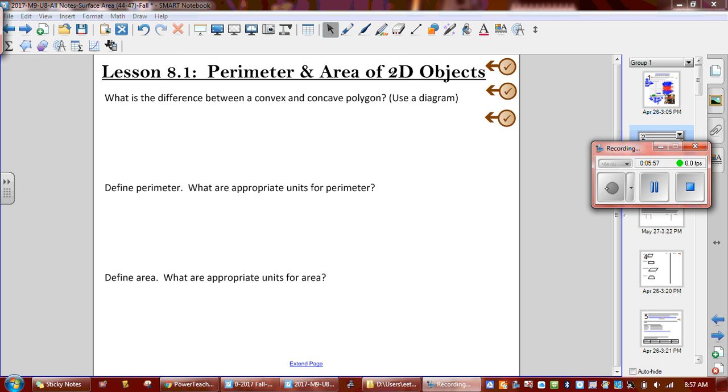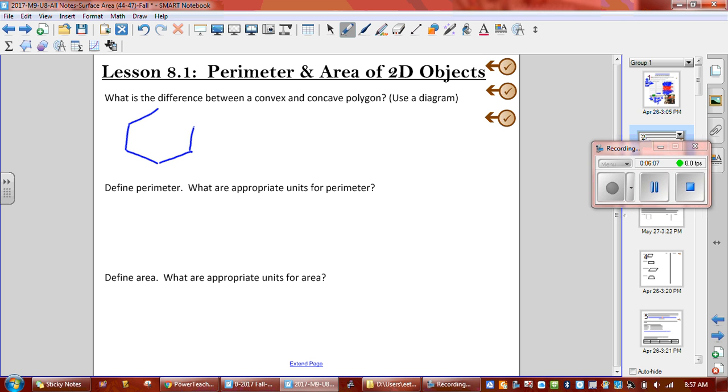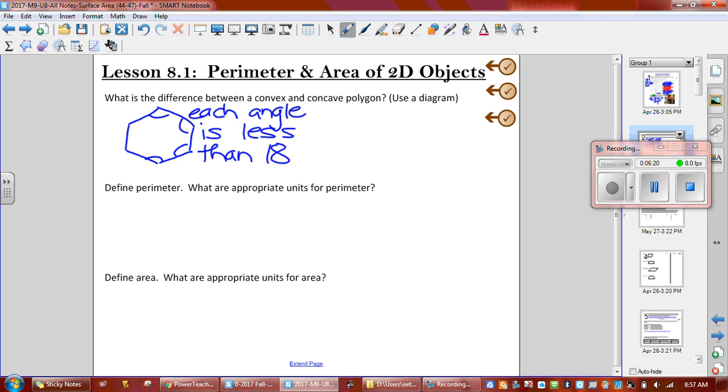So they have to be less than 180. So if we take a look at, let's just do a hexagon, each angle is less than 180 degrees, and that's for convex. Okay, that's a convex object.